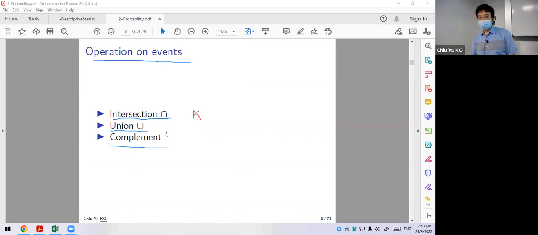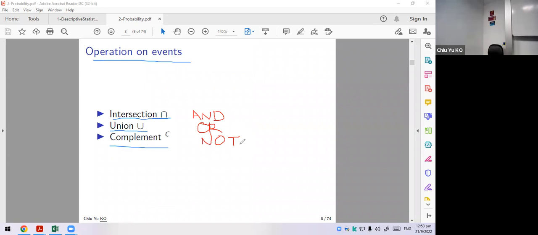The first one is called AND logic, and the union is actually OR, and the complement is actually NOT. We'll define them very soon, but these three operations come from the logical operations AND, OR, and NOT.